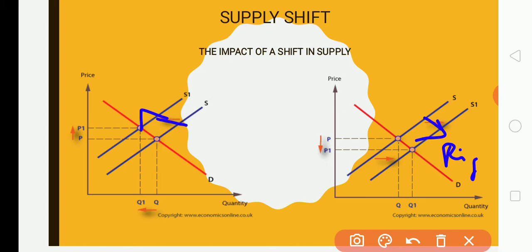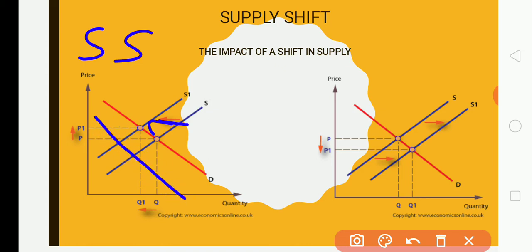Now my concept is, the first one I told you, both the supply and demand curves shifting leftward. See, in this diagram the supply curve shifted leftward and the demand curve shifted leftward. Observe the diagram carefully.